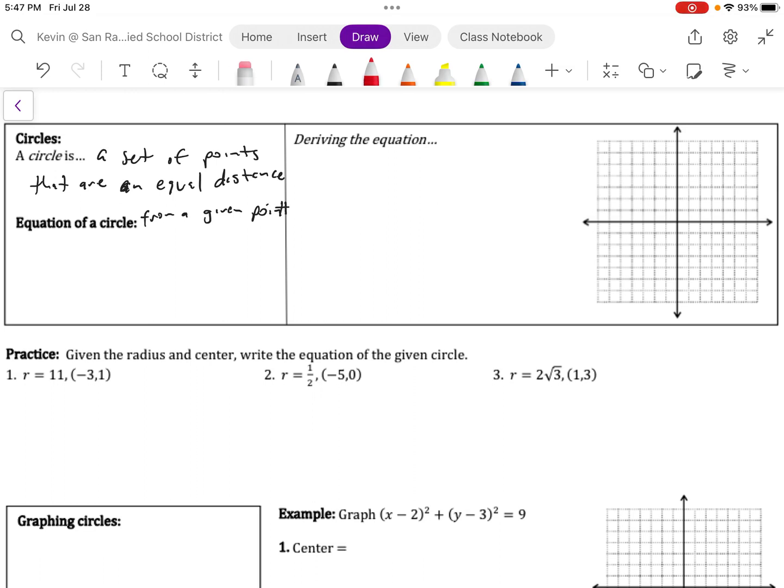Okay, I'm going to underline equal distance. That distance we talk about is the radius. And the given point we talk about is the center of the circle.